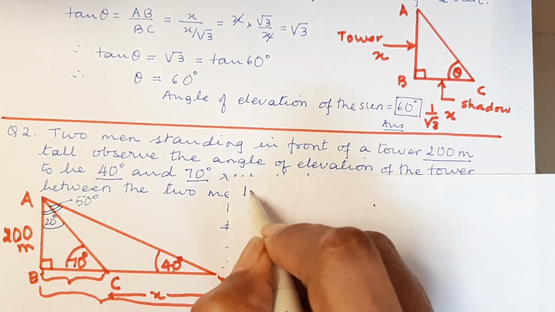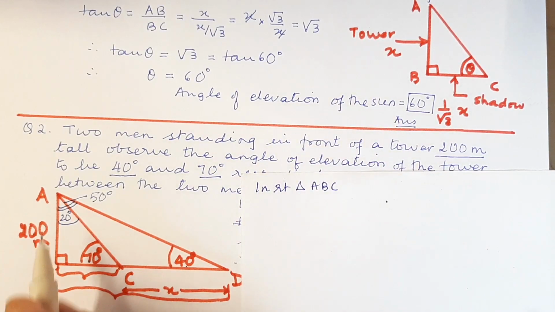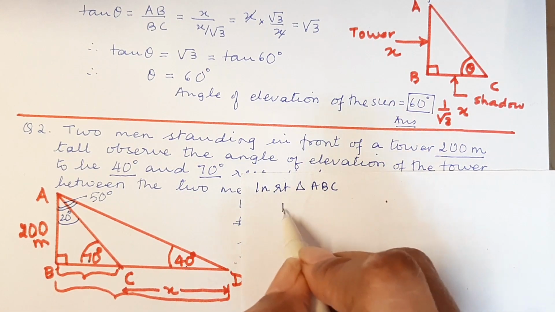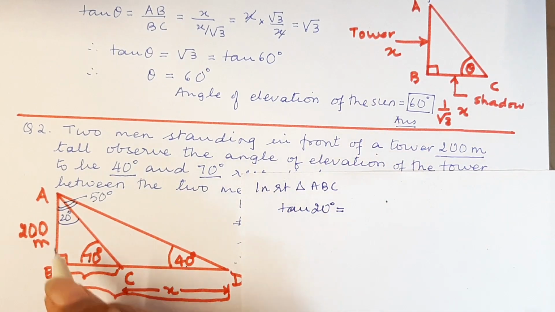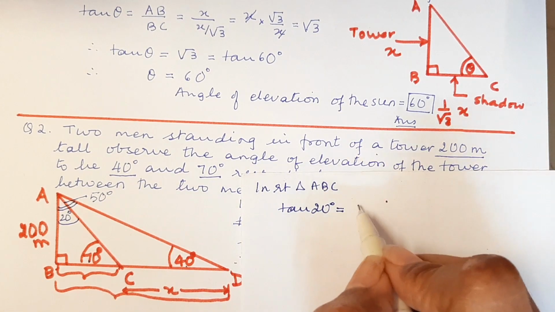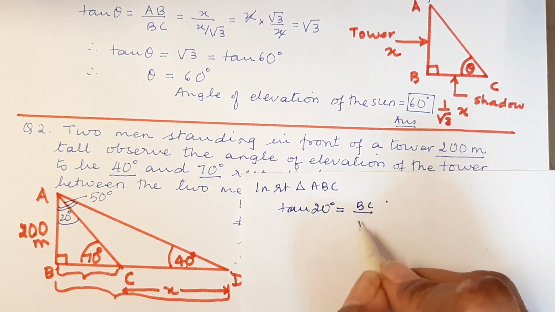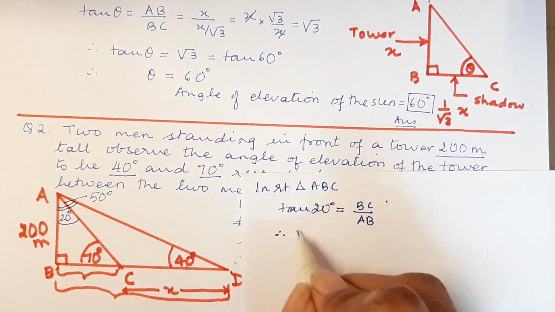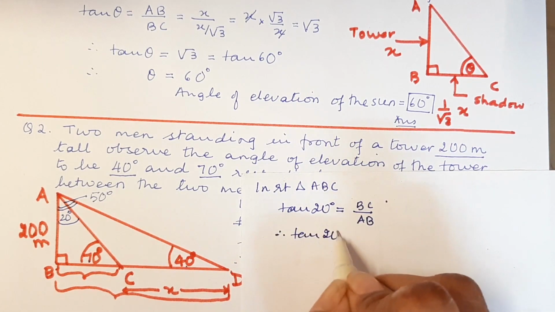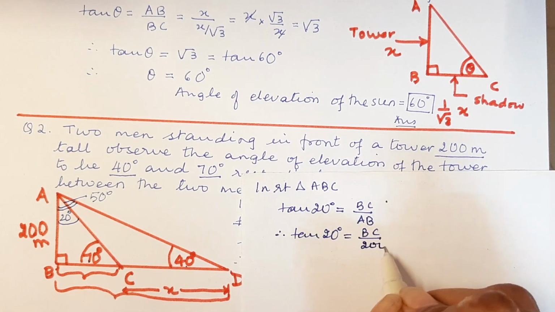So in right triangle ABC, we will not take 70 but we'll take the complementary, that is tan of 20 degrees will be equal to, for 20 opposite is BC, and we have adjacent which is AB, and therefore tan 20 degrees will be equal to BC upon 200.